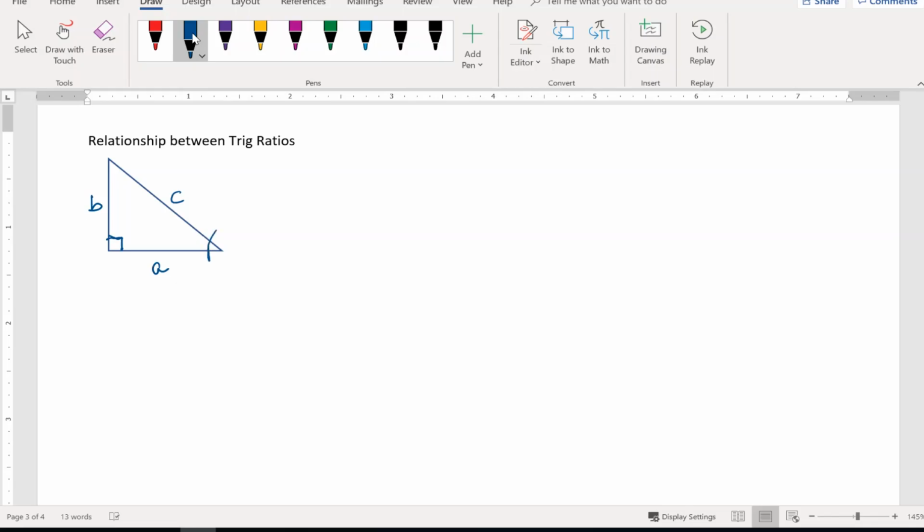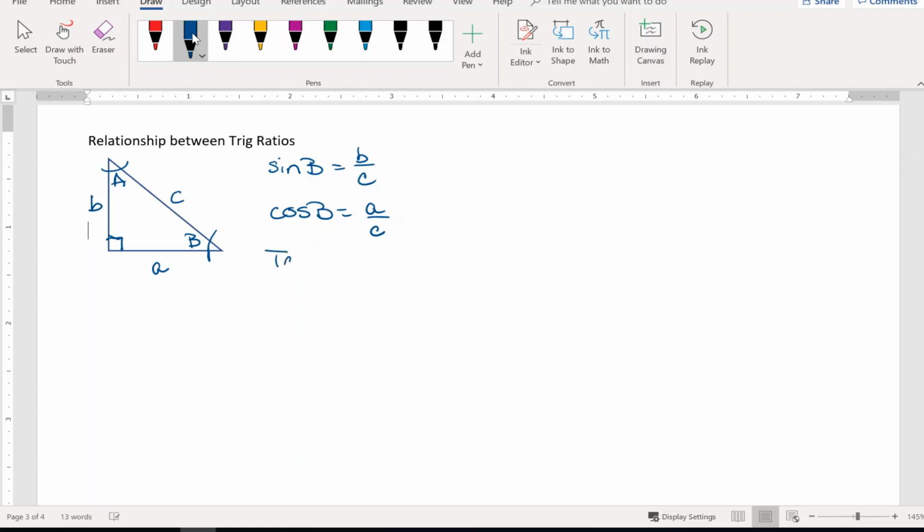Now typically we would label this angle capital B because it's opposite side B, and this angle here capital A because that angle is opposite side A. So we know that the sine of angle B here is equal to the opposite over hypotenuse, which is B over C. And we know that the cosine of B is the adjacent side over the hypotenuse.